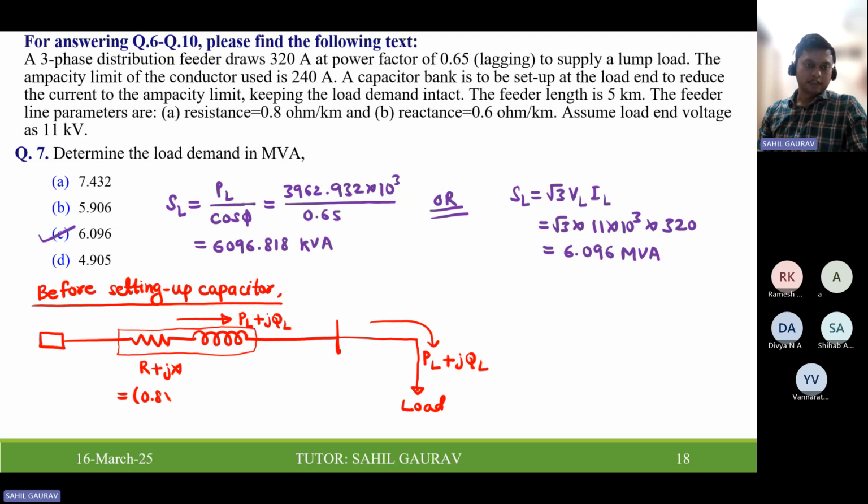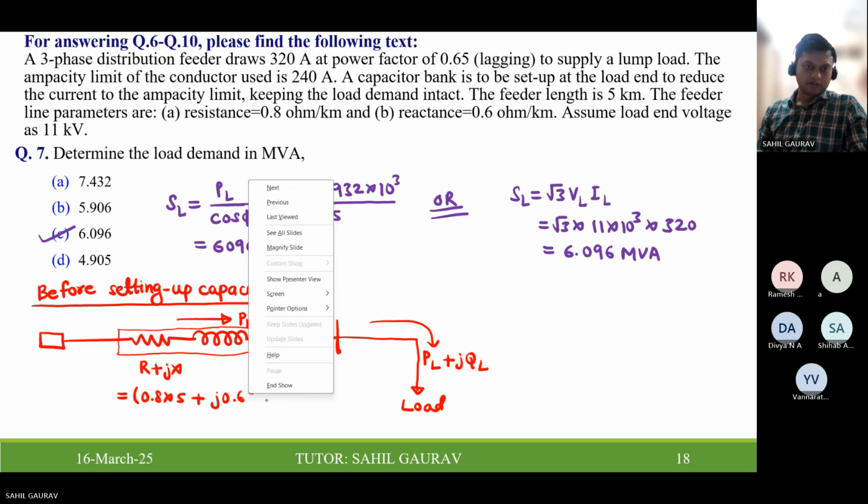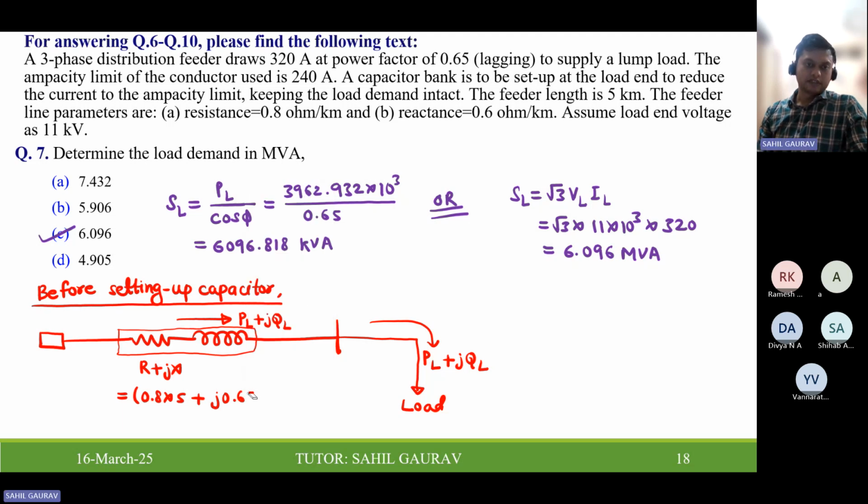So R is 0.8 into 5 plus J 0.6 into 5, because resistance is given as 0.8 ohm per kilometer and reactance is given as 0.6 ohm per kilometer, and this line feeder length is given as 5 kilometers.